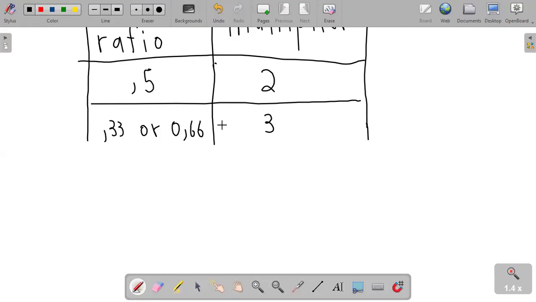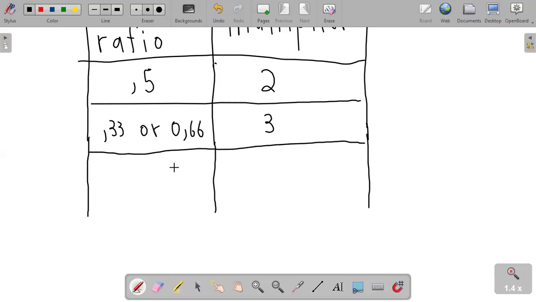What this means is that if your simplest ratio turns out to be maybe 1.33 or 2.33 or 3.33 or 1.66, 2.66, whatever point, if your decimals turn out like this, then you use a multiplier of 3.